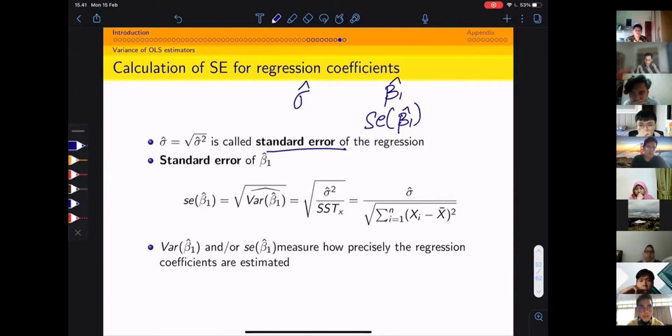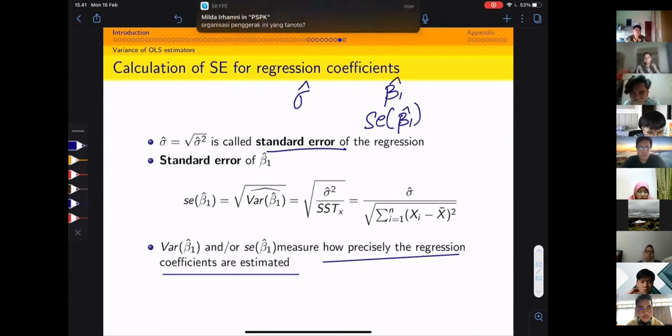So what does the standard error actually measure? It measures how precisely the regression coefficients are estimated, okay?